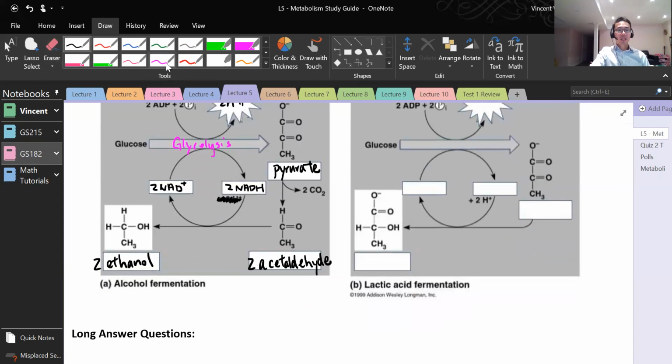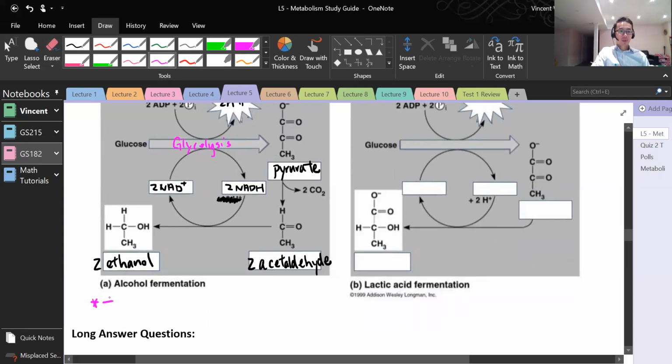So I'm going to write this down here. The purpose of fermentation, doesn't matter which one, both kinds.